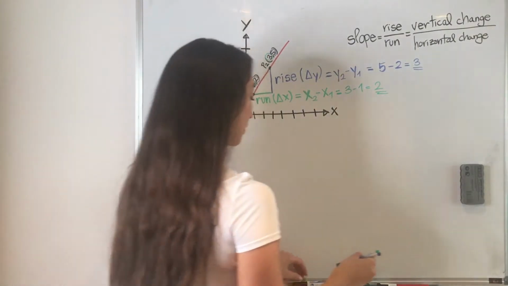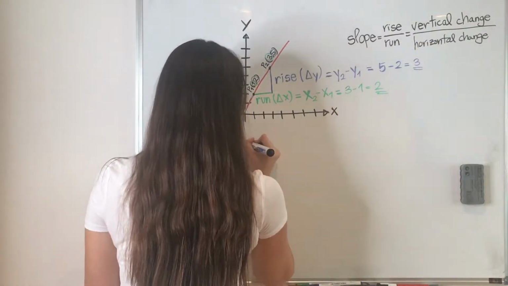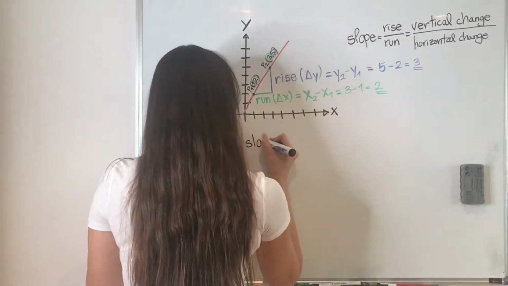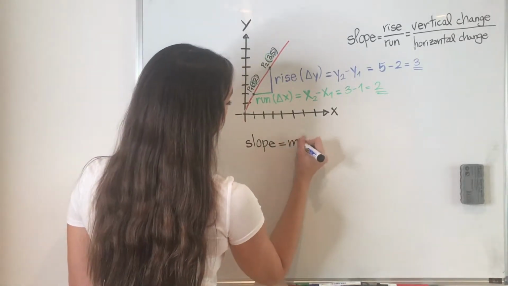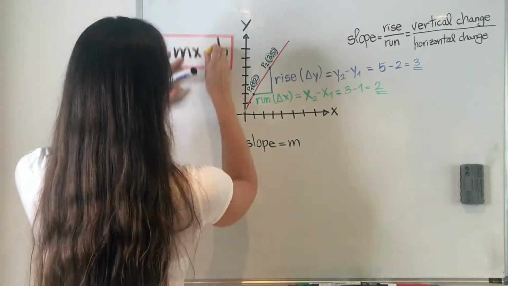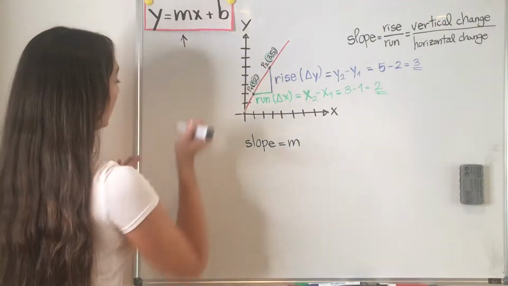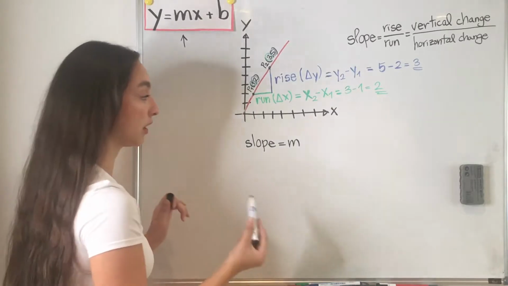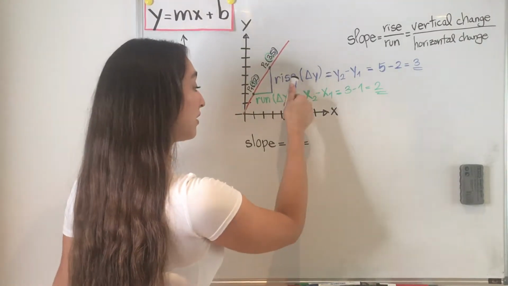Now, the slope, also known as m. This m is what's going to be our slope. So, as I said, it's the ratio of the rise to the run.